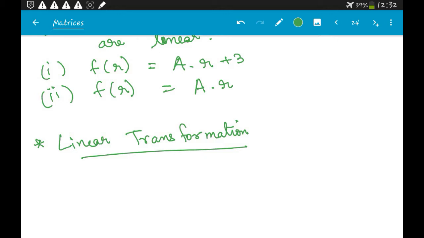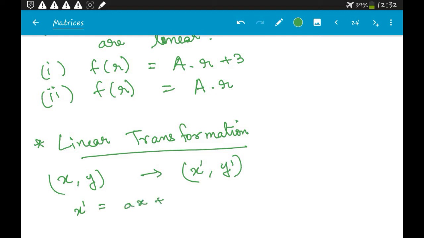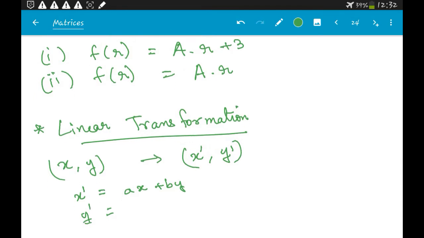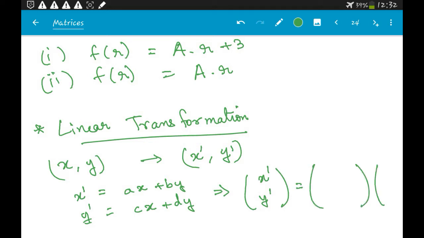For example, if we originally have a vector x comma y, this can be transformed to x dash comma y dash, but now the transformation is such that x dash is equal to ax plus by and y dash is equal to cx plus dy. Essentially we can write this in matrix form: x dash y dash is equal to something into xy. So this is a, b, c and d.